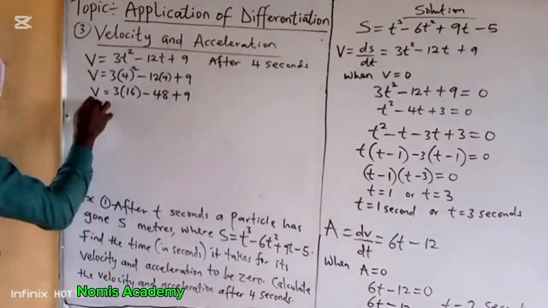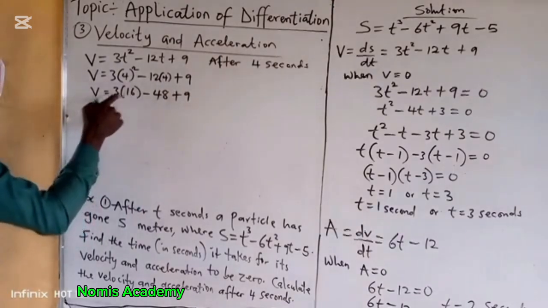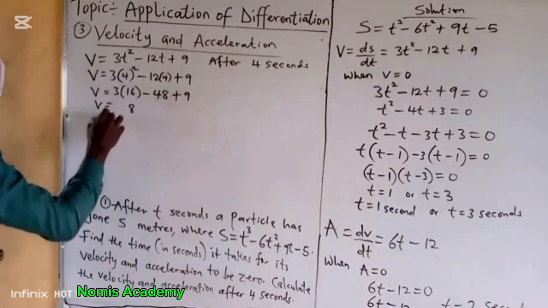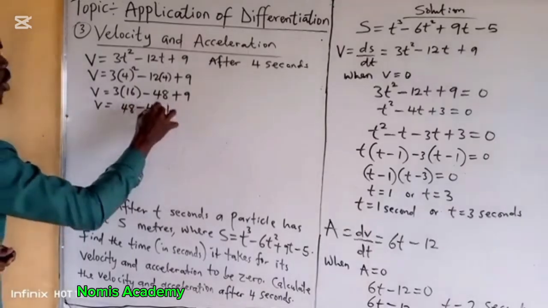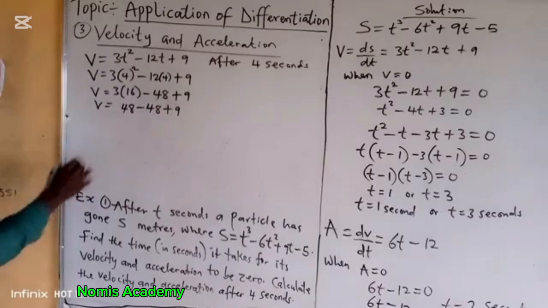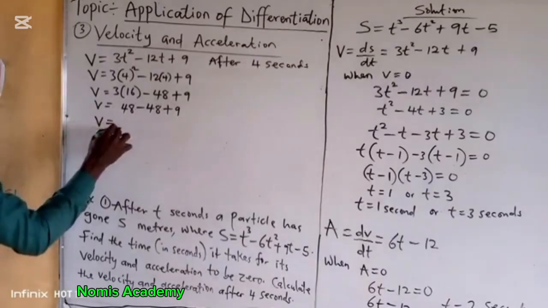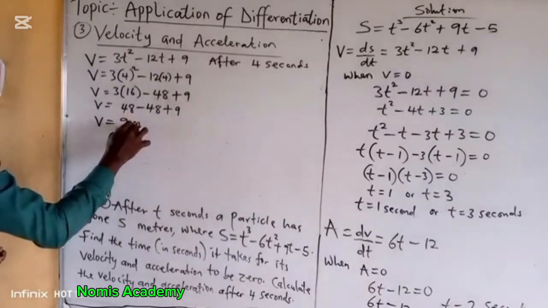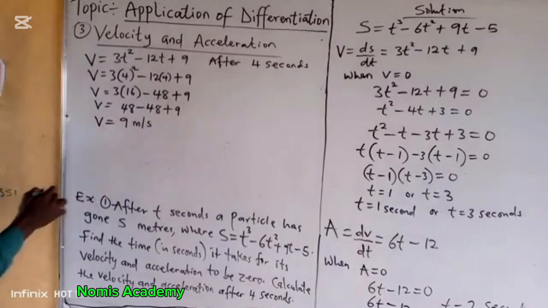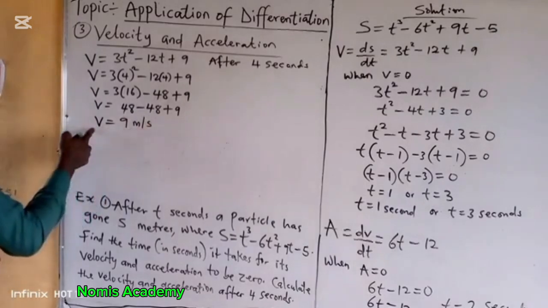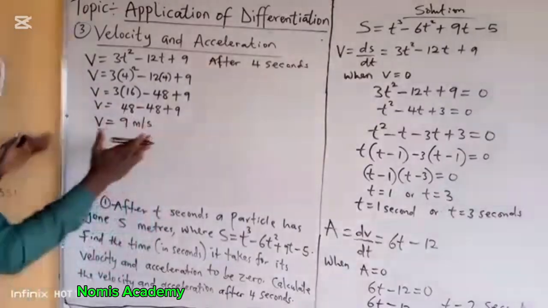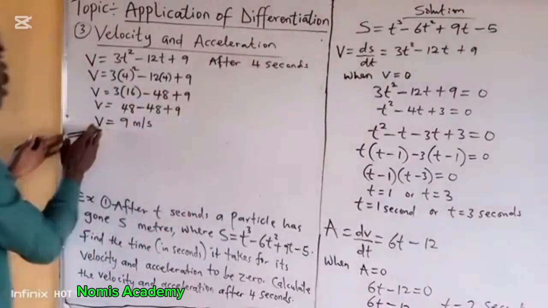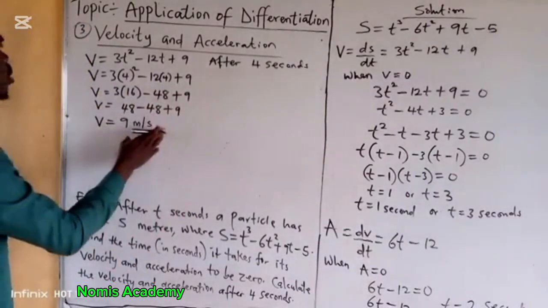So 3 times 16 is 48, minus 48 plus 9. So the velocity v is equal to 9 meters per second. So this is the unit of velocity. The velocity of the particle after 4 seconds is 9 meters per second.